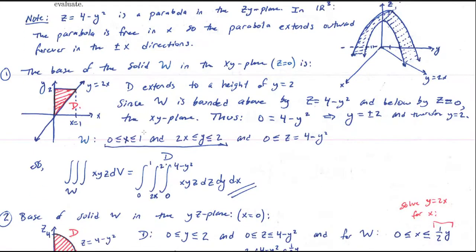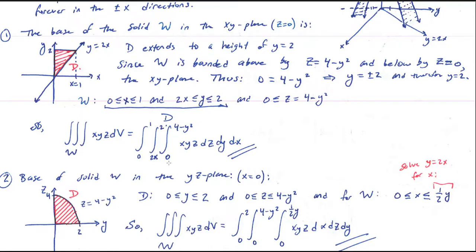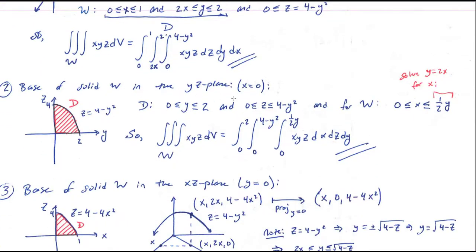So if we look at number 1 for z-simple, do you see how our z bounds are between 0 and 4 minus y squared? So that checks out. When we did x-simple, the most recent graph, we said that the yz plane was the smallest x value, so that has the equation x equals 0.